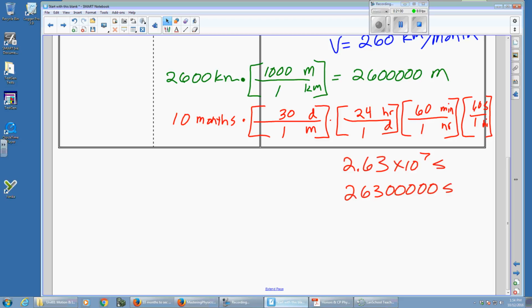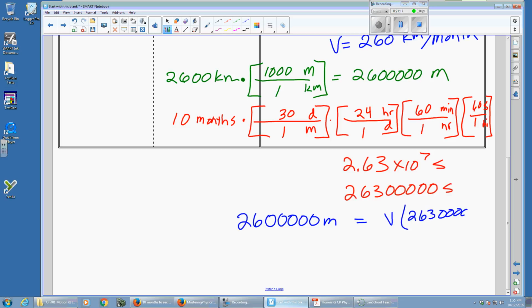Now I just do my same equation. 2,600,000 meters equals V times 26,280,000 seconds. A lot of zeros. Let's hope some of them cancel. That would be nice.